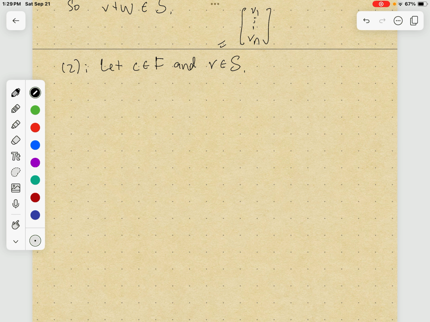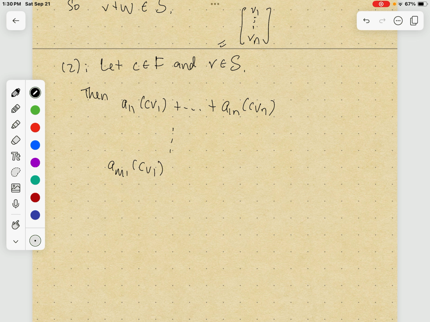Now we want to show that the vector cv1 to cvn, that is a solution to the homogeneous system. Well, let's see what happens when you plug it in. a11 cv1 plus dot dot dot plus a1n cvn, dot dot dot, am1 cv1 plus dot dot dot plus amn cvn. What does this equal?